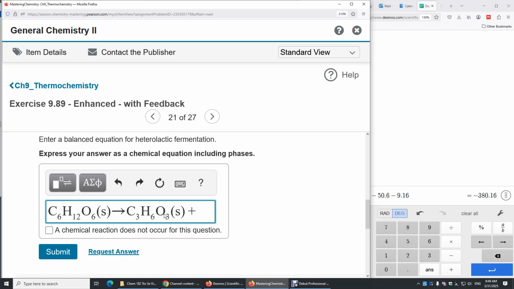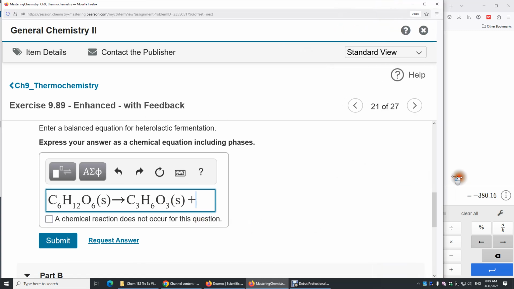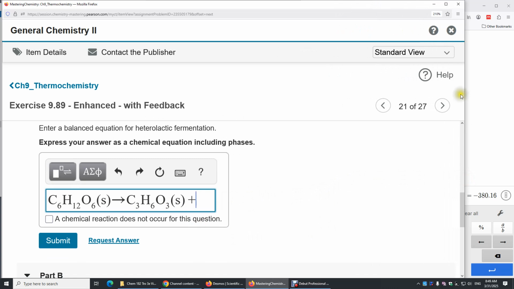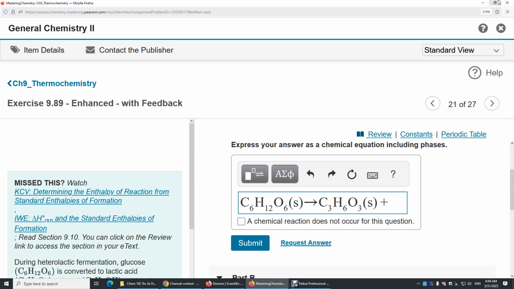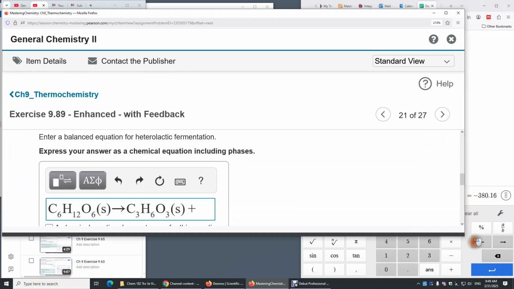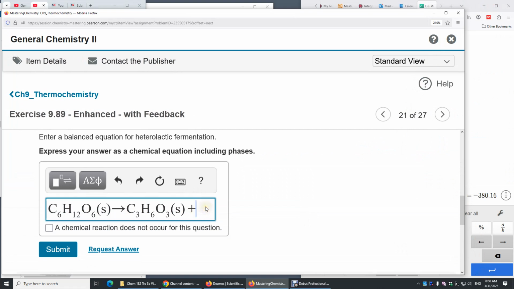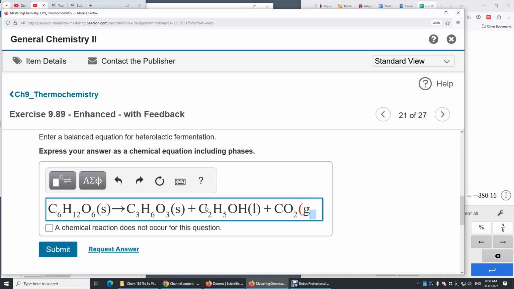We have 2 more chemicals. We have ethanol, which is just alcohol. Let's see if we can make it a little wider. This is in the liquid phase. And we have CO2 in the gas phase.